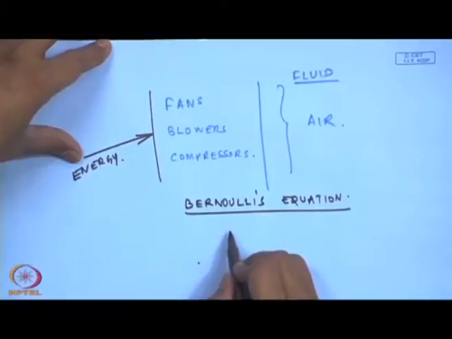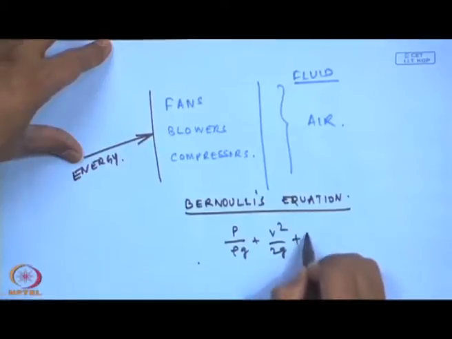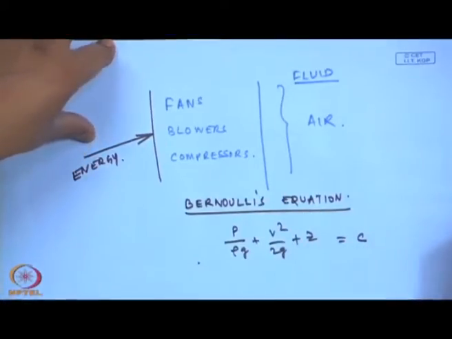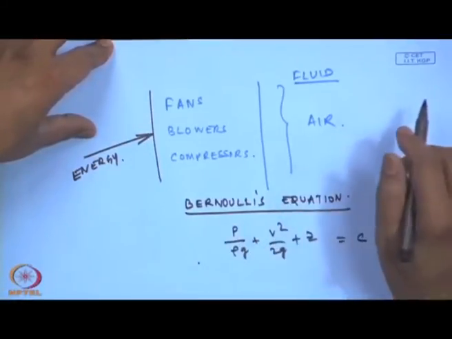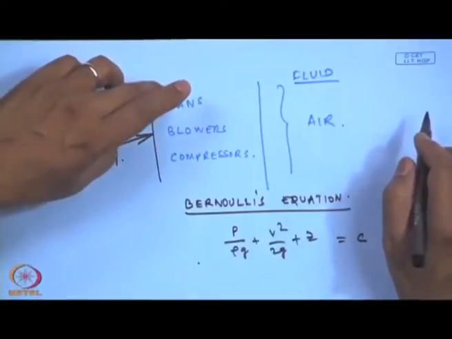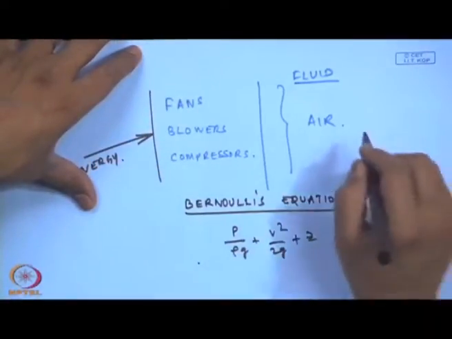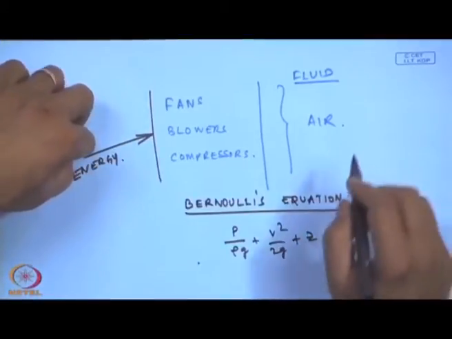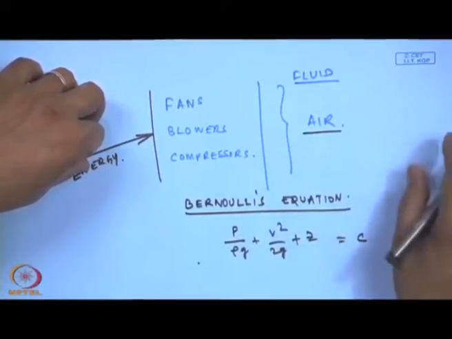So, we play around with the pressure head or the velocity head. Basically, in fans, blowers and compressors, we try to increase the pressure at the output by giving in more energy. That is, the pressure of the fluid, or air in this case.